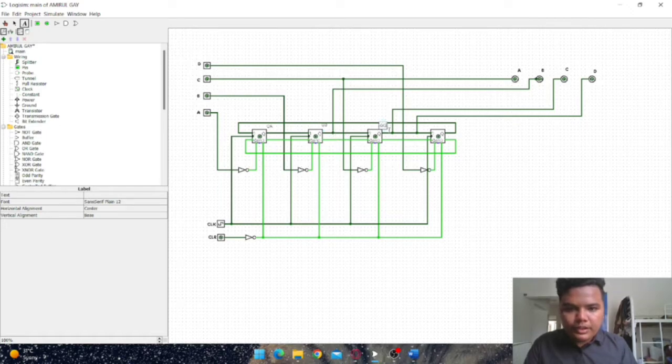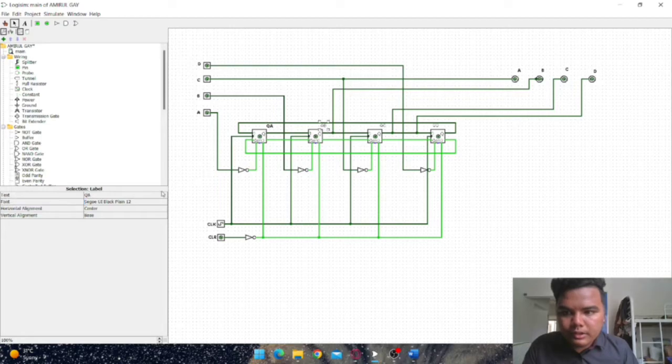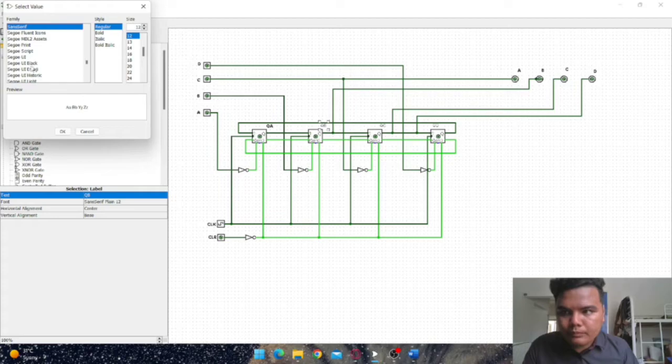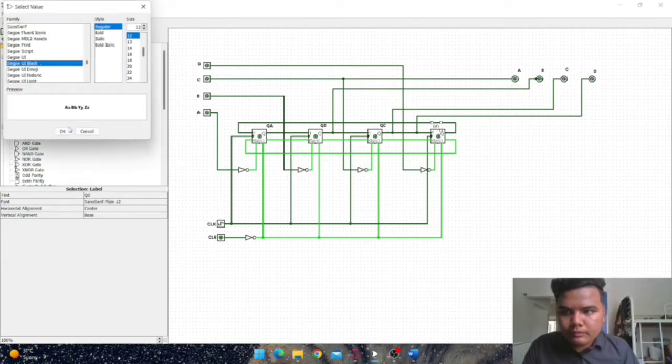Just put a name, follow this wire, just jump there for A. Then for B here, C here, D. Then just to make it clearer, just make it here, and like that. Okay, done.